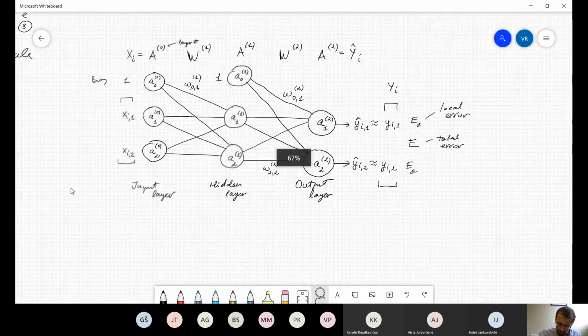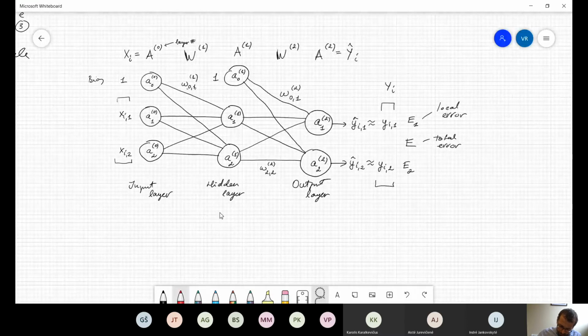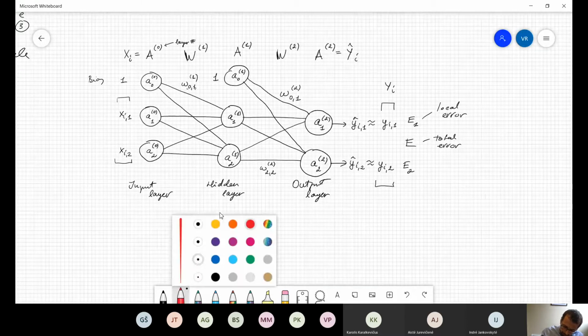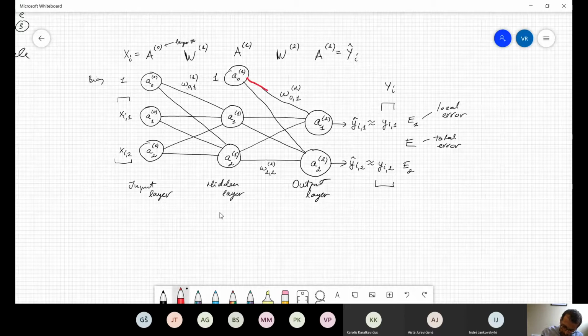Okay, so in our first case, what we looked at was the weight of this connection, right? Now we will look into the weight of this connection. So as you can see, this connection is actually dependent on these guys, right? This guy and this guy.